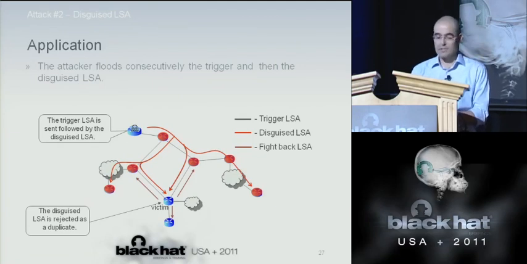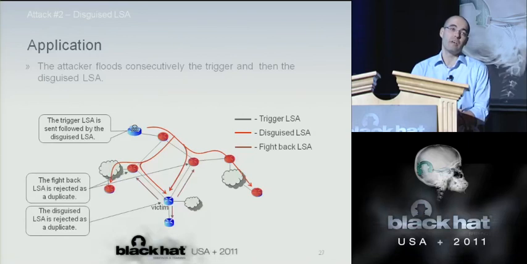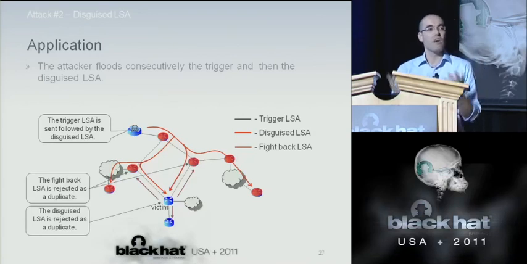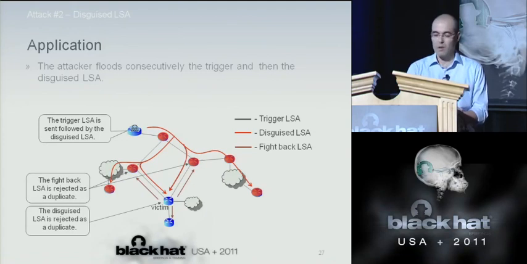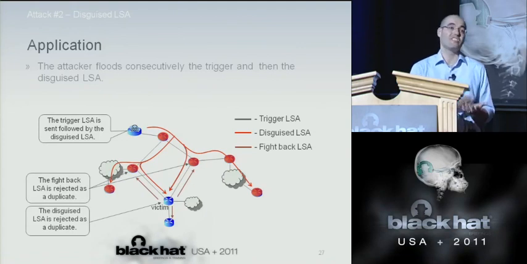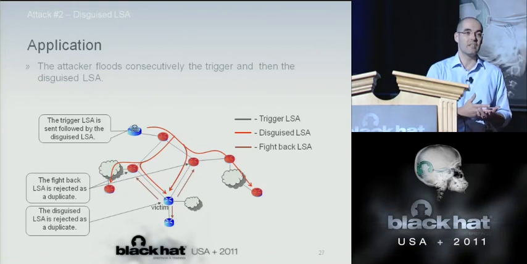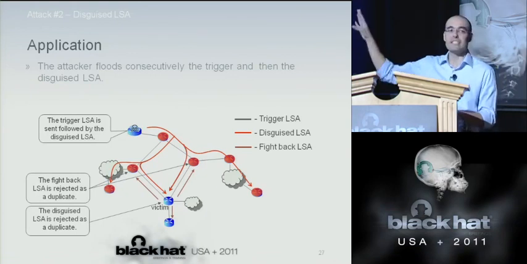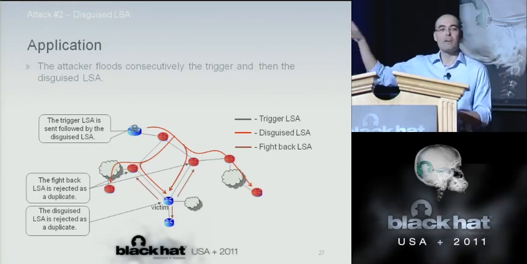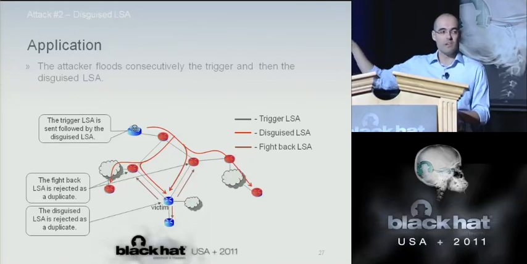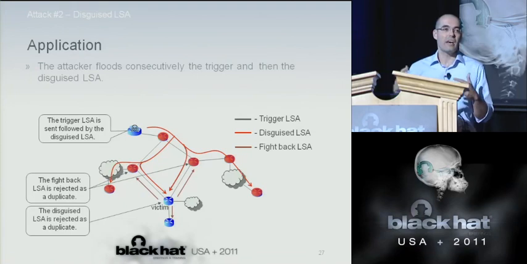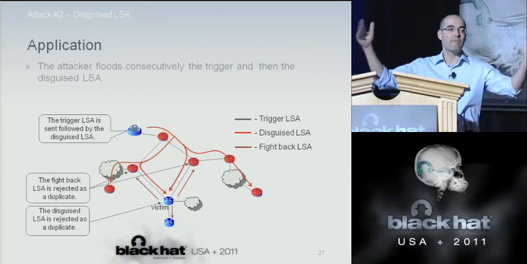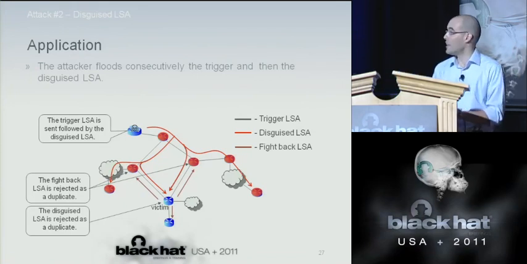And these two routers will also ignore the fightback because it is a duplicate, supposedly a duplicate, of the disguised LSA they just installed in their database. So we have here a persistent state in which the attacker falsified an LSA of another router in a persistent way, without actually causing the fightback to be flooded throughout the network.